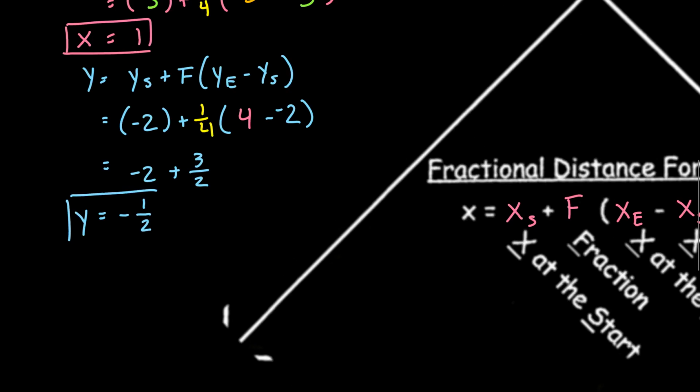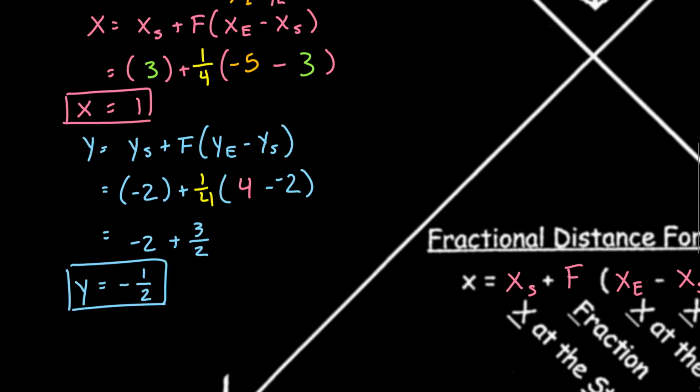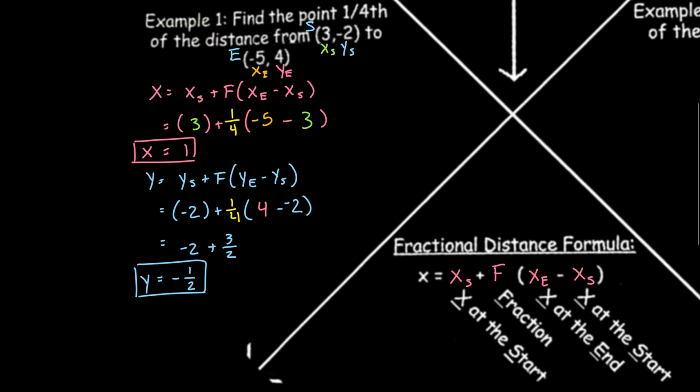You're right. -1/2. When we're in coordinate points, I will allow for decimals, because really it is easier to plot a coordinate point when it's in decimals versus fractions. So, do you think I'm done? What do you think I need to write? I need to write the actual coordinate point here. What is my coordinate point?